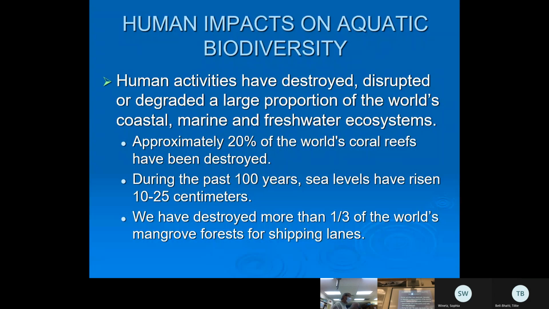Human impacts. We've destroyed 20% of the coral reefs. I don't know if any of you have been scuba diving. It's an awesome thing. I highly recommend that you get trained properly because you got to be safe, right? But it's amazing to go scuba diving. For me, it was amazing. I didn't care whether it was a coral reef or the kelp forest. If I had the right gear, I'd also be happy to go diving underneath the ice caps.